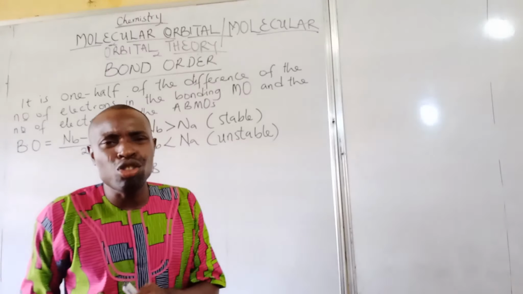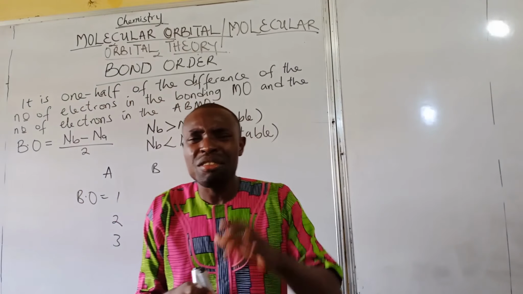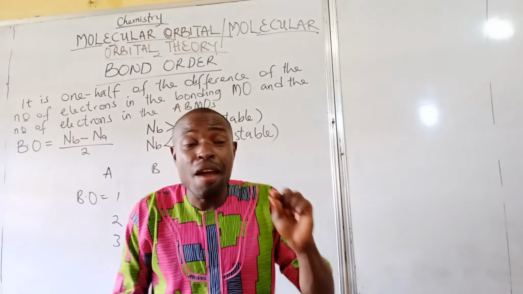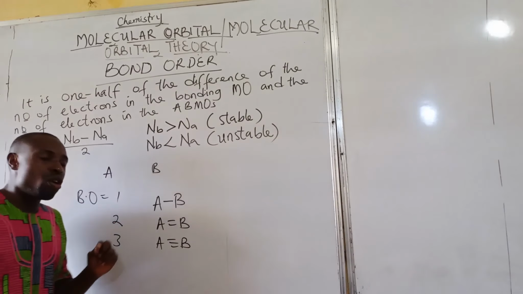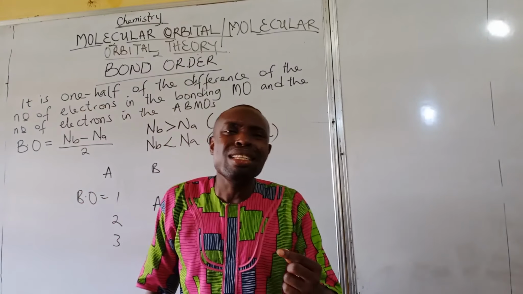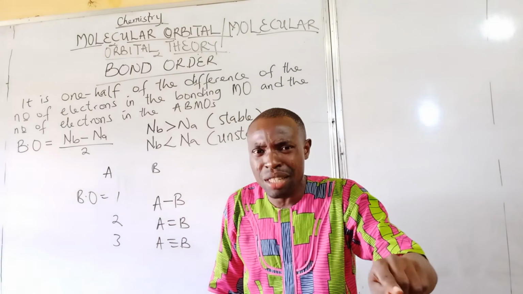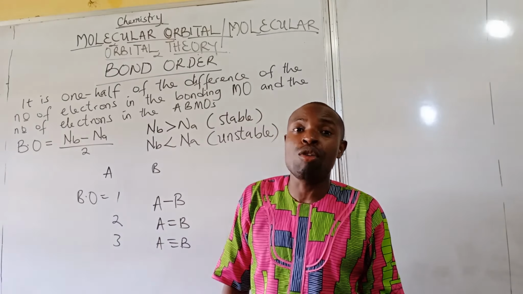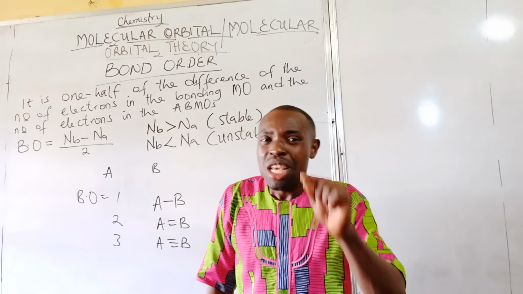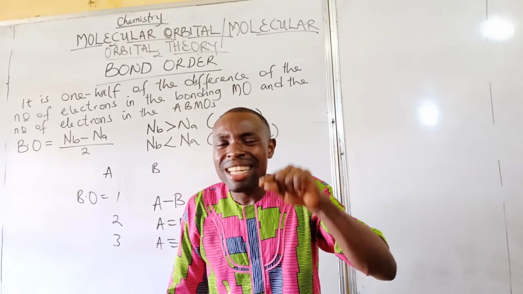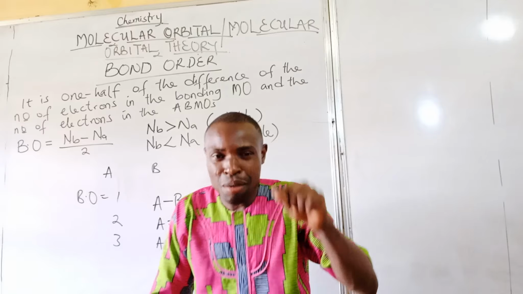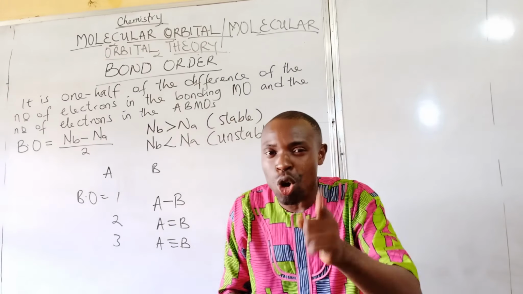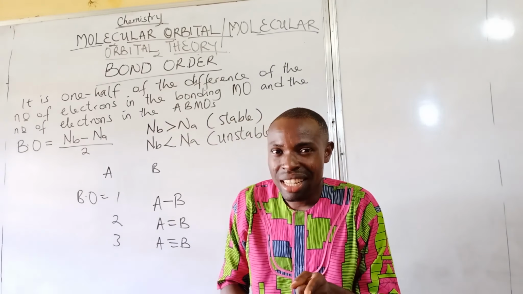But there is also another interesting thing about the bond order that we should come to understand. The bond order simply tells us the stability of a particular molecule. Please take note. If a bond order gives us 0, it simply tells us that that particular molecule does not exist.